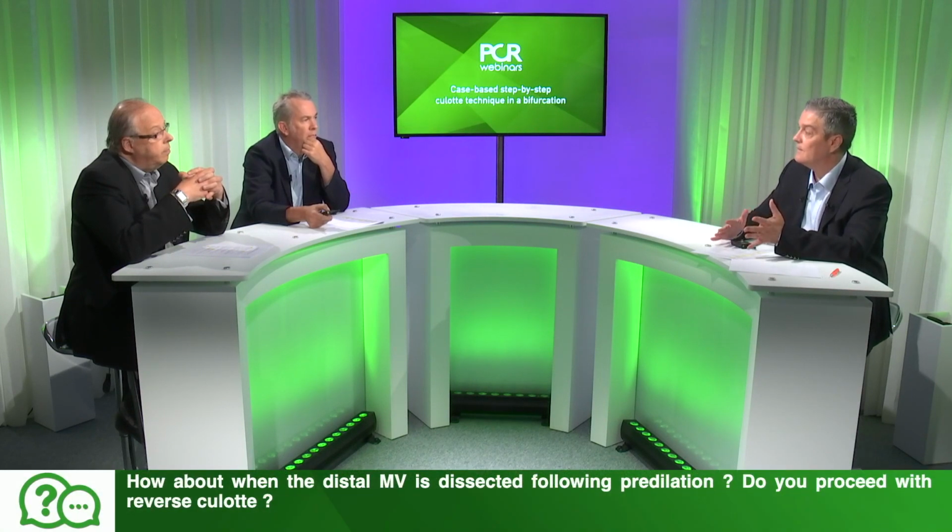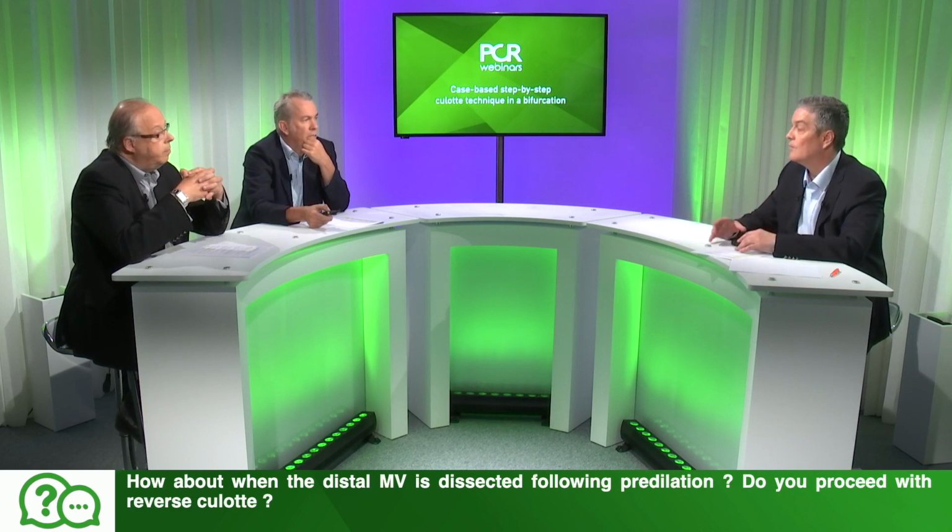The next step will be to dilate struts towards the main vessel, and there is a question from the audience about predilatation. We saw that you don't routinely predilate both vessels because the question is about possible dissection of the main vessel and whether you change strategy. If you dissect the main vessel, can you still proceed with inverted, or do you then convert to provisional culotte? Yeah, I mean, this is one of the central tenets coming out of the European Bifurcation Club, really, that if you can avoid having to predilate side branches, then you should do it.